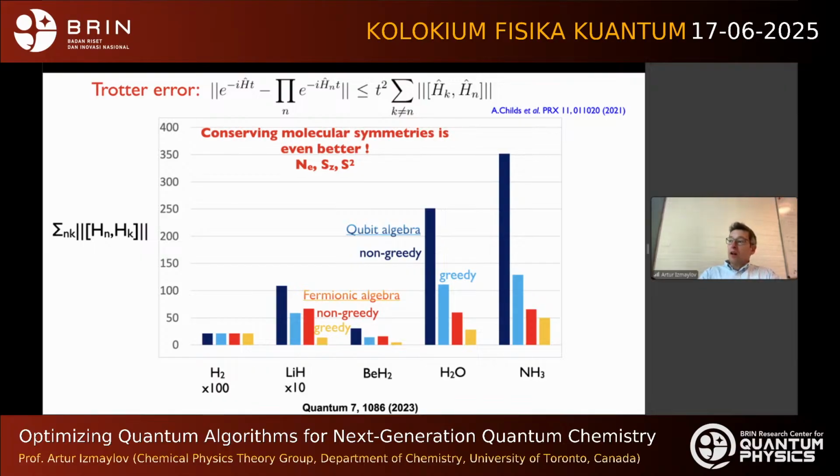Because if your fragments commute with symmetries, you can reduce the space over which you consider spectral norms to the subspaces of relevant symmetries, right? And all of these methods of grouping are better than just the simple Pauli product decomposition that was done before, I guess, in our work, where the Hamiltonian is considered just a simple linear combination of Paulis, and every fragment is considered to be a single Pauli product, right?